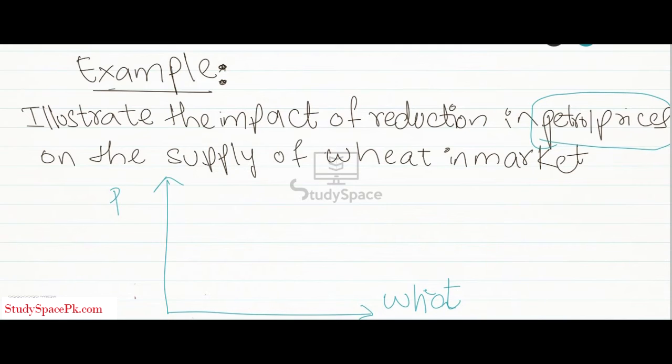Let's say this is the original supply curve S, this is the price line P naught, and we were initially supplying quantity Q naught in the market.